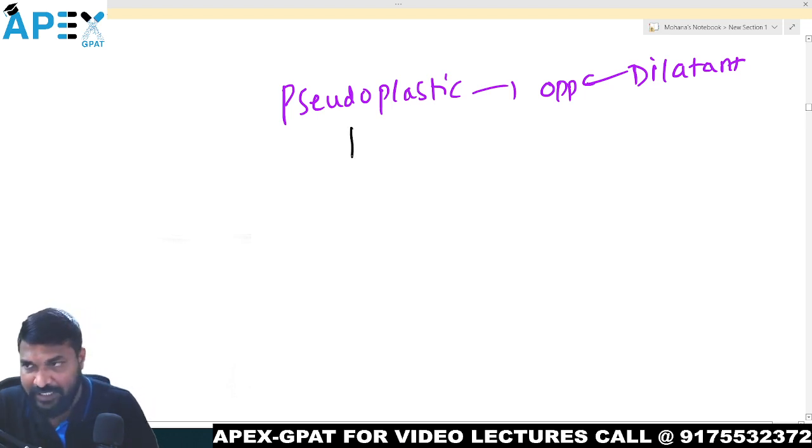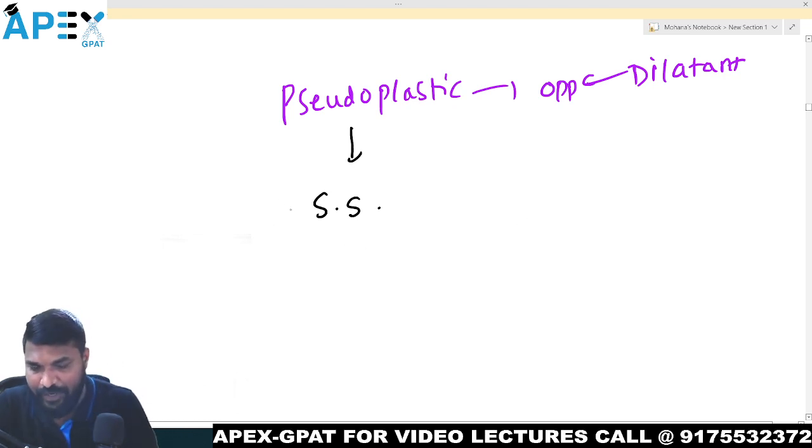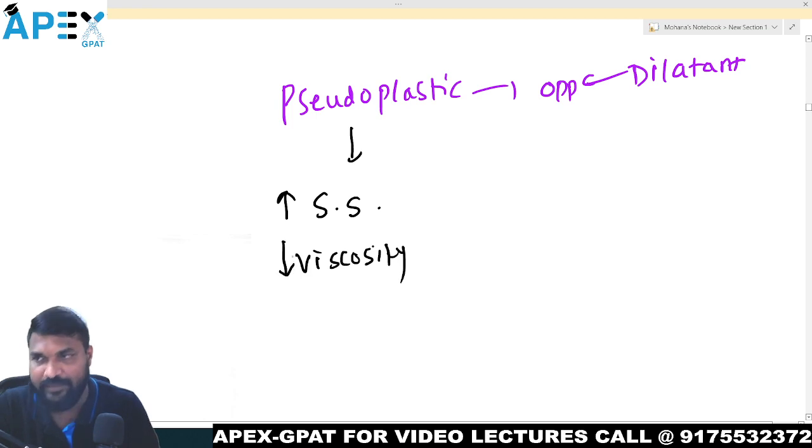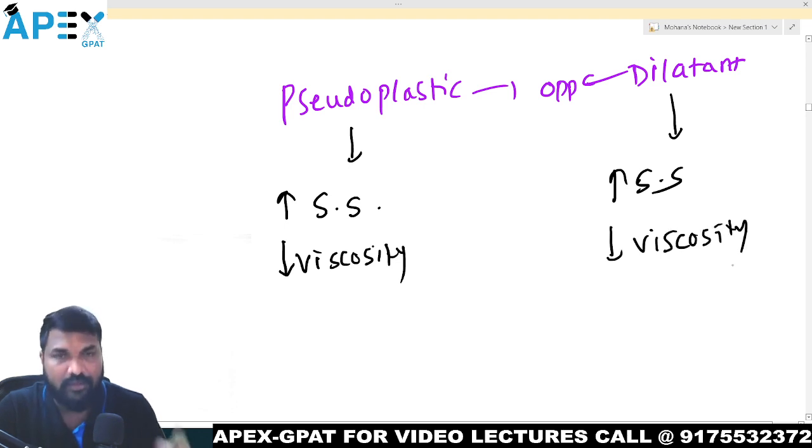In the pseudoplastic system, when you increase the shear stress, viscosity decreases. In the dilatant flow, when you increase the shear stress, viscosity decreases.